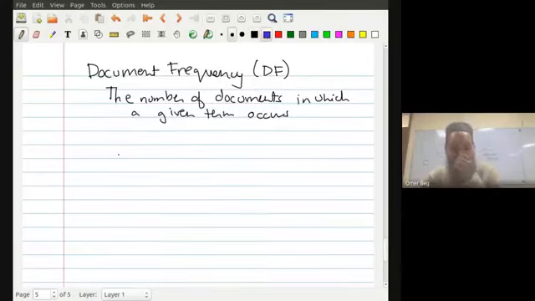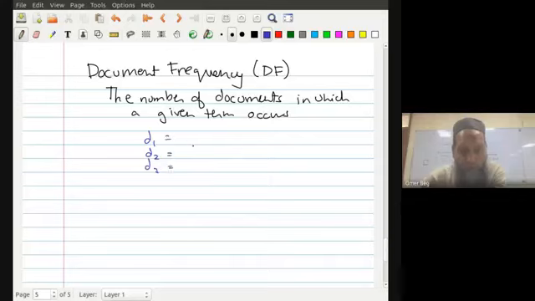So in that case, for example, let's say I have 3 documents, D1, D2, D3, and let me specify these documents. Let's say the first document says oysters eat seaweed.